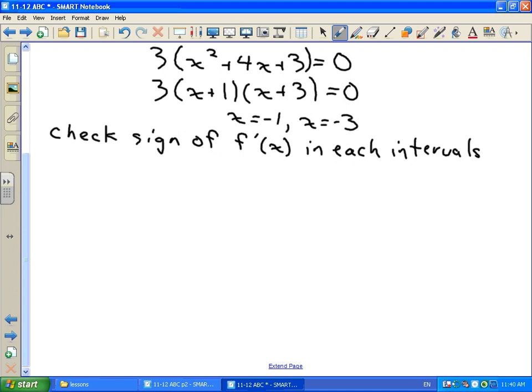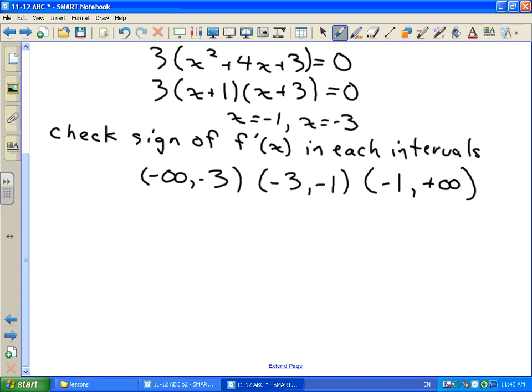So we're going to have an interval from -infinity to -1, oh, sorry, I got to do these in the proper order, right? -3 is smaller than -1, so it's going to go from -infinity to -3, from -3 to -1, and then from -1 up to positive infinity. Okay, these three intervals cover the entire domain of the function here, from -infinity to positive infinity.